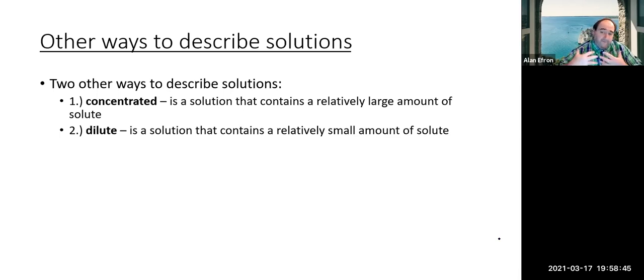Then we do the second thing to them: we dilute them. In a dilution, the only thing we do is add more solvent, and that makes a smaller amount of solute in that solvent. The concentration goes down.